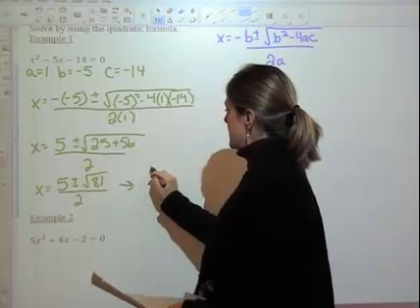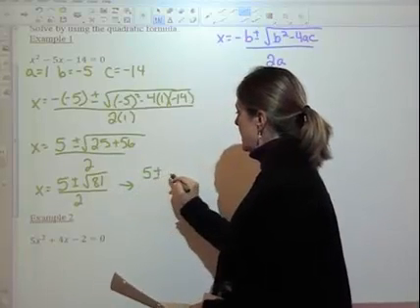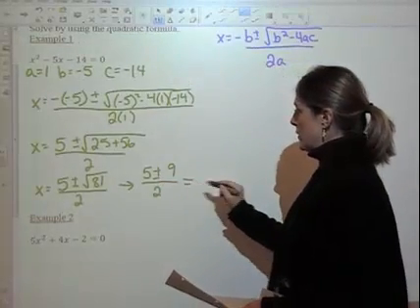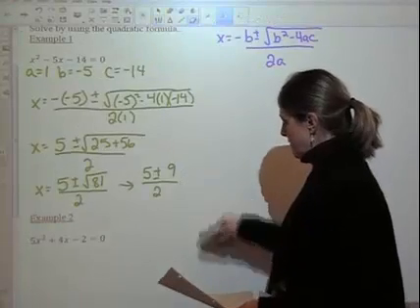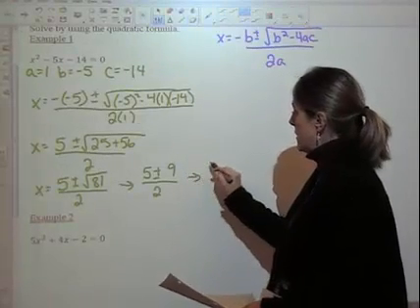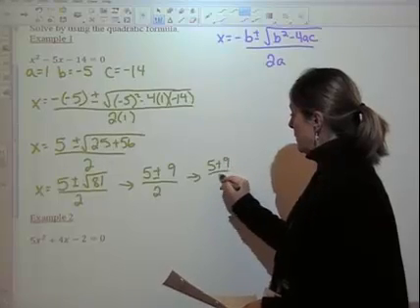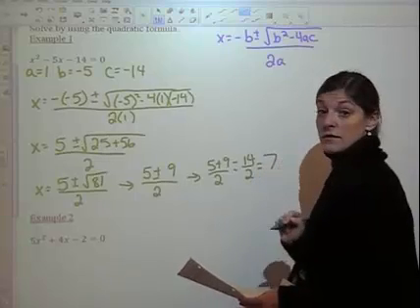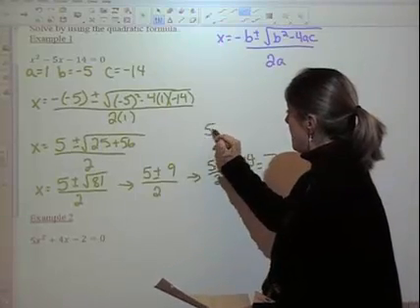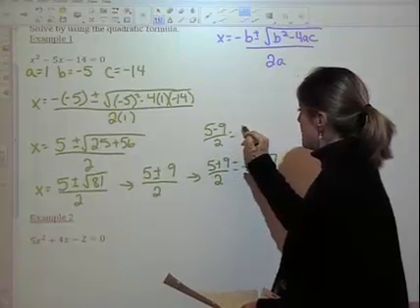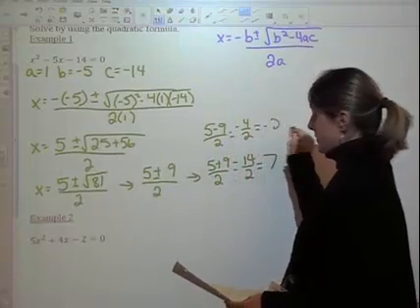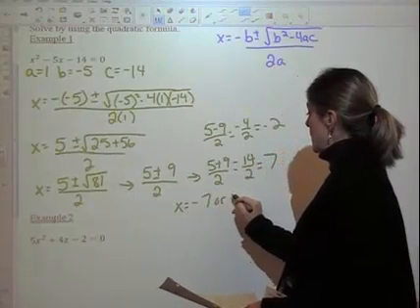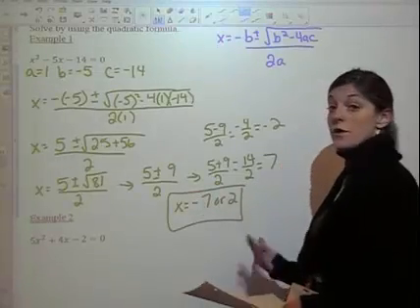So then that becomes 5 plus or minus 9 all over 2, which equals, well, let's do it this way. So then you have 5 plus 9 over 2, which is 14 over 2, which is 7. And then you also have 5 minus 9 over 2, which is negative 4 over 2, which is negative 2. So our answers are x equals 7 or negative 2. So those are the two answers.